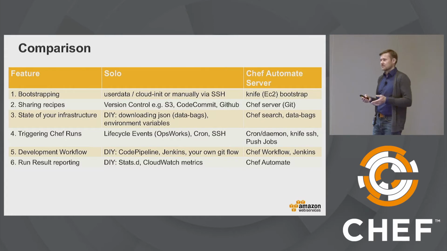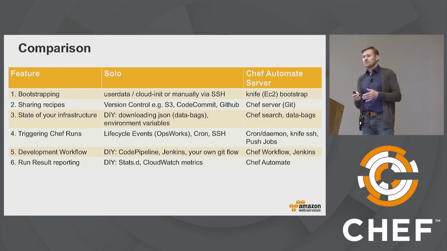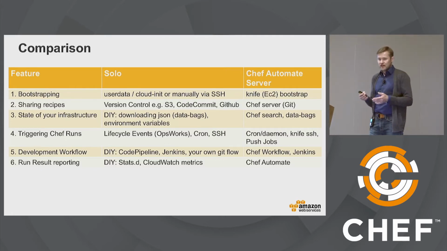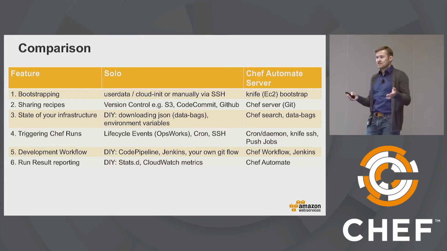How do you know the state of your infrastructure? That's tricky, right? I said that everything is in isolation here. And because of that, you need to care about the information that you want to share. So either you put information that you know about your infrastructure into your code repository where you have your cookbooks so that you can share that across.